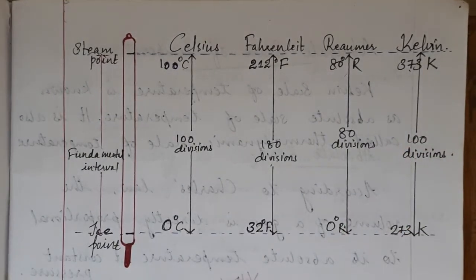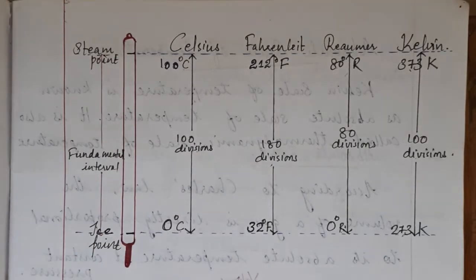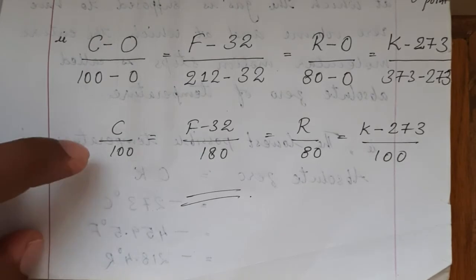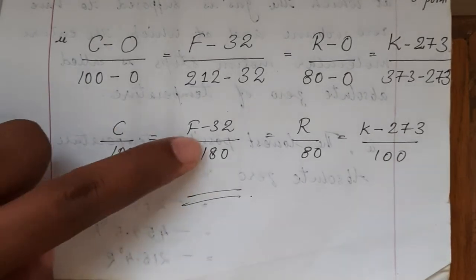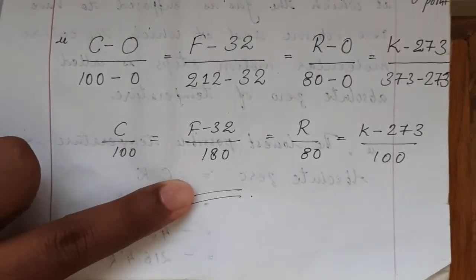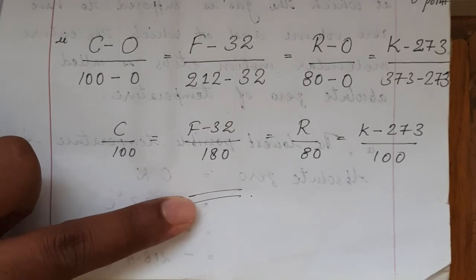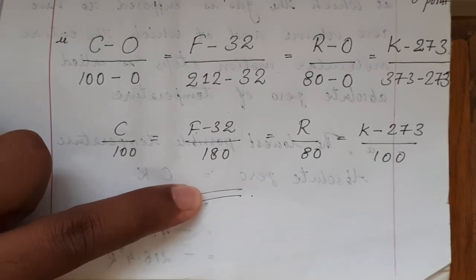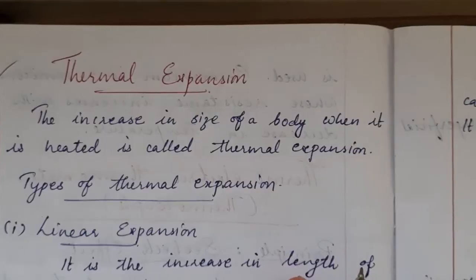And there is a relation between all these scales. You can use this equation: C by 100 is equal to F minus 32 by 180, equal to R by 80, equal to K minus 273 by 100. This equation gives the relation between all the scales and their values.